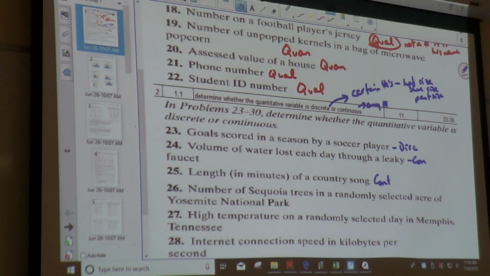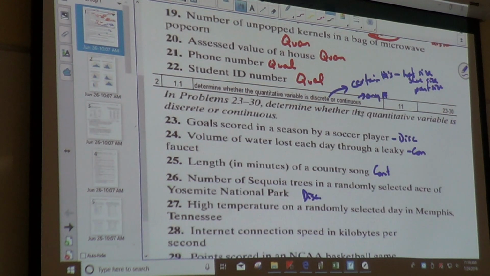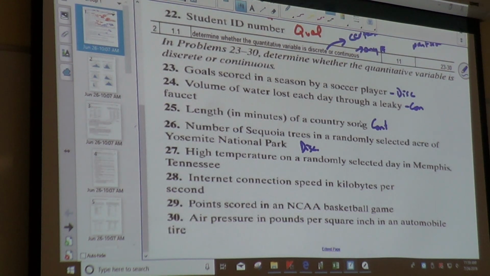Number of sequoia trees. Discrete. You can't have a part of a tree. You either have a whole tree or no tree. High temperature on a randomly selected day. I would say discrete. They said continuous, according to whether you have a fancy thermometer.